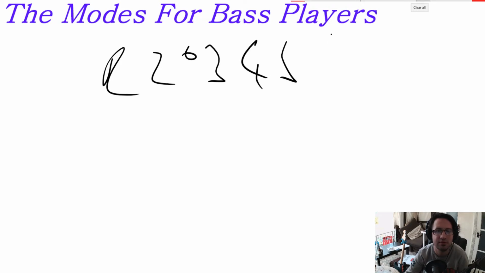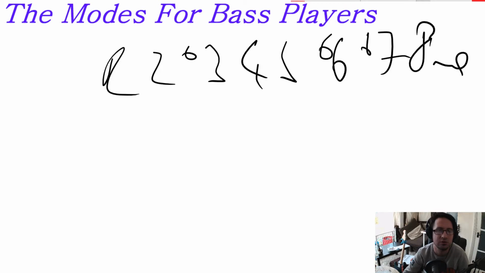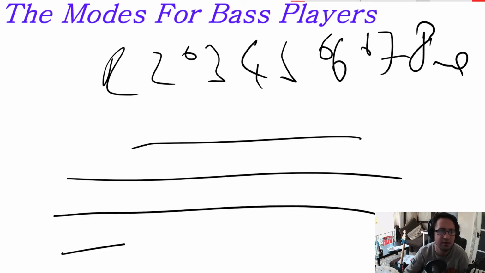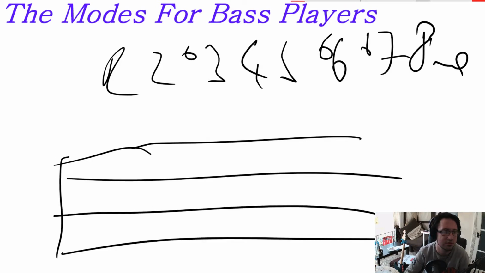So if we do the formula again, root, 2nd, flat 3rd, 4th, 5th, flat 6th, flat 7th octave, then we draw the scale lines for the tablature.